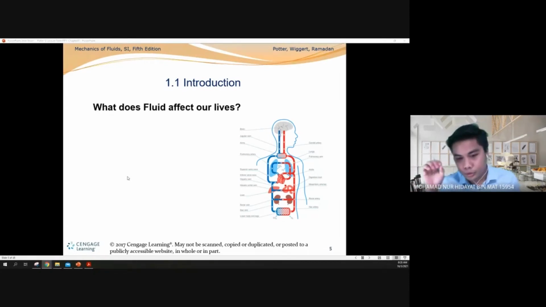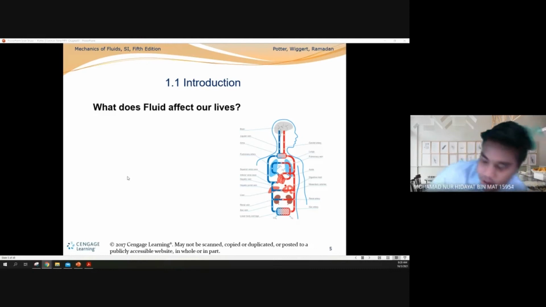Through the flowing of the blood, the blood will exert resistance from the wall of our veins. Blood is considered 73% of our body weight, and that is water.